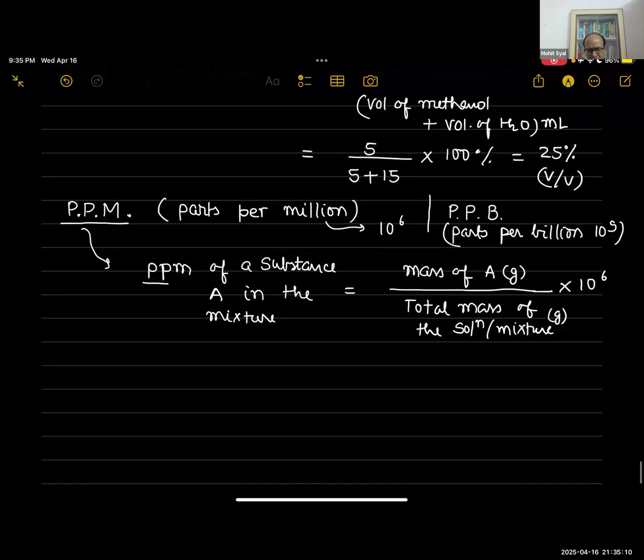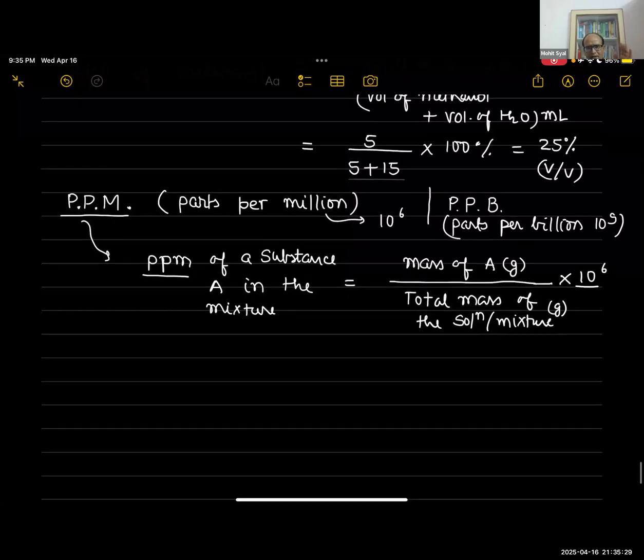If you are using ppm, multiply by 10 to the power 6, ppb multiply by 10 to the power 9. So mass of the substance whose ppm you are calculating, divided by the total mass. If the volumes are given, volume of the given substance in ml or liter, whatever is given, keep the unit same in the numerator and the denominator, divided by the total volume into 10 to the power 6 if it is ppm, or 10 to the power 9 if it is ppb.